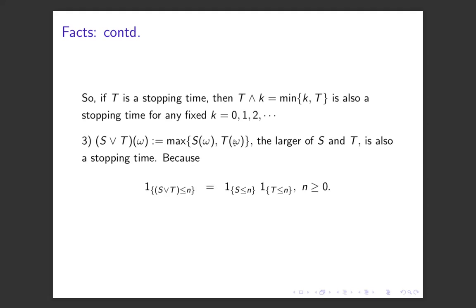For the maximum, S max T less than or equal to N, you take S less than or equal to N and T less than or equal to N. It's a product of these two indicators.